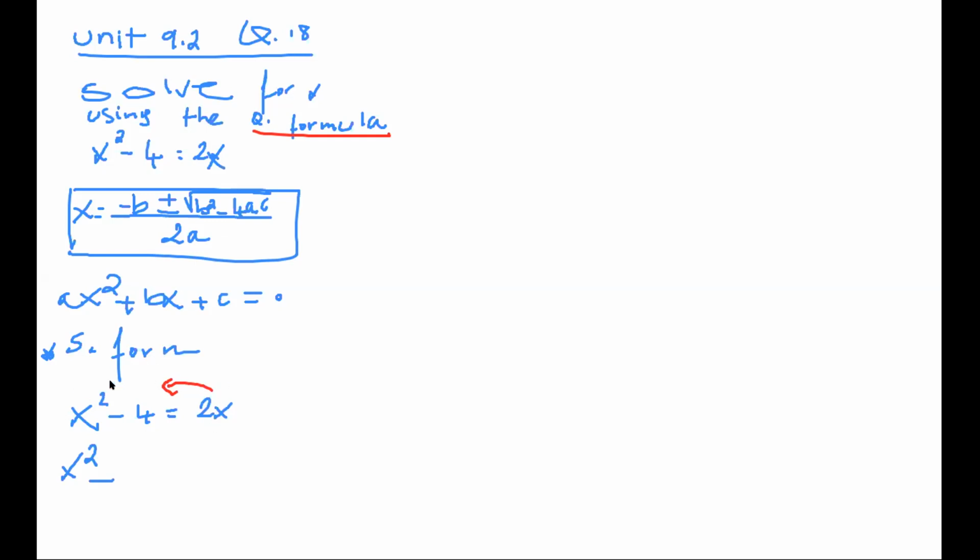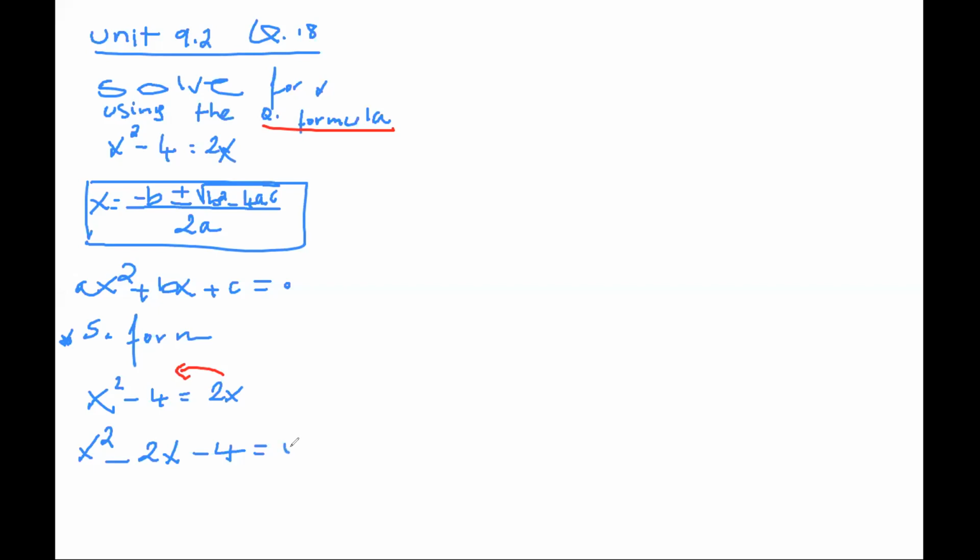So we could arrange them right away, yeah? That's right. So the 2x moves over, change the sign. So this is a positive 2x. It turns into negative 2x. And the negative 4 stays here. We're not changing the sign. It stays on this side of the equal sign. Equals what? 0. That's right. If you move this over, you have 0 left.